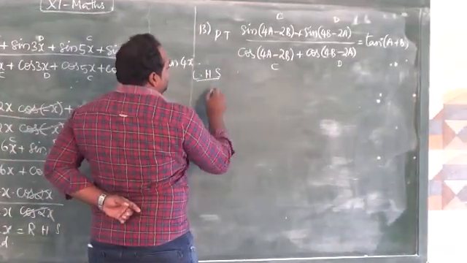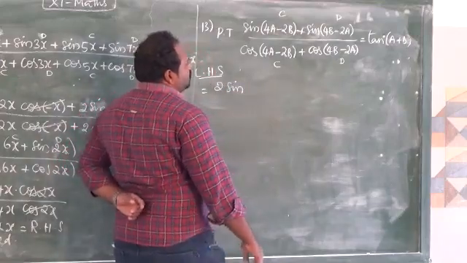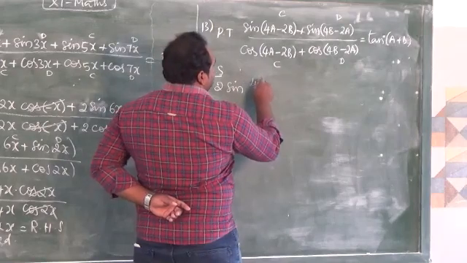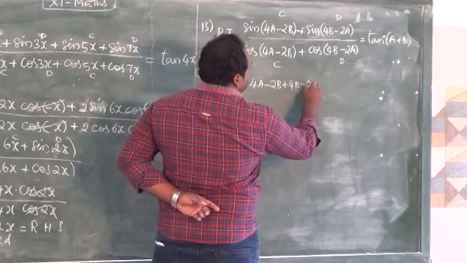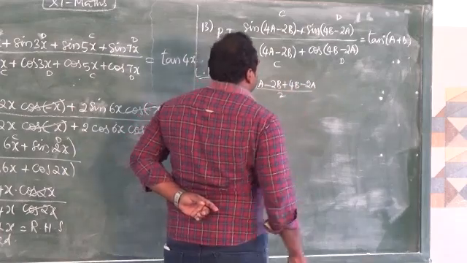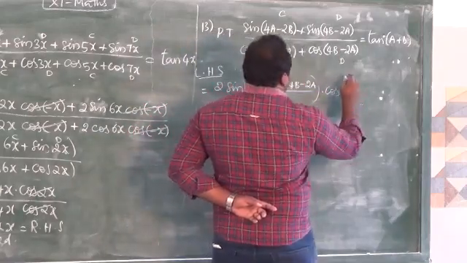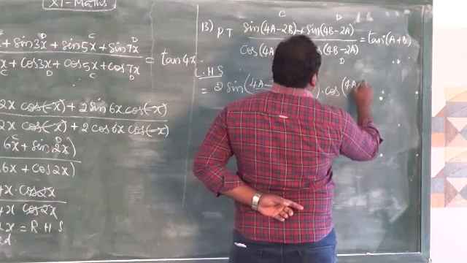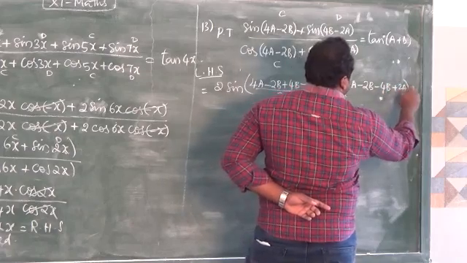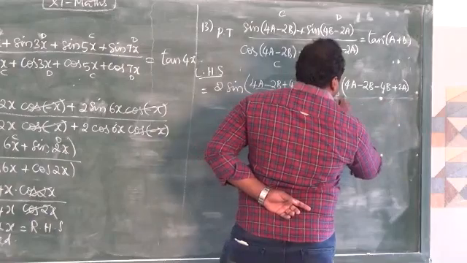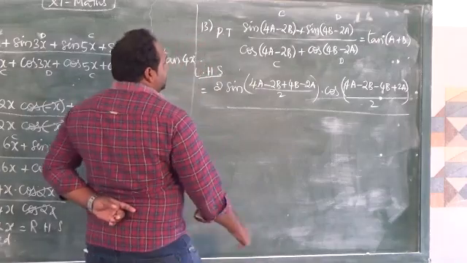So here on the LHS side, 2 sin (C plus D) by 2. What is C plus D? (4a minus 2b plus 4b minus 2a) by 2, into cos (C minus D), (4a minus 2b minus 4b plus 2a) whole divided by 2, divided by the denominator.